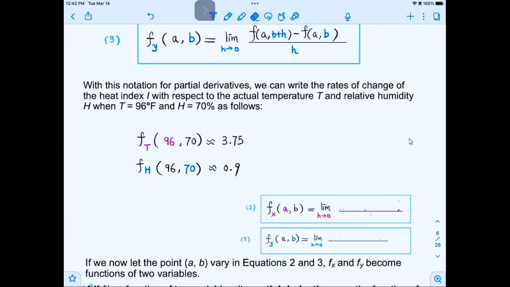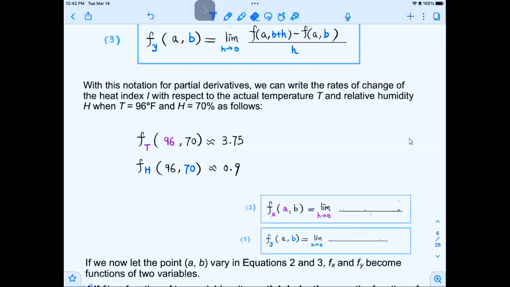We start with what we had before. It says that the partial derivative of the heat index with respect to the temperature at this point is going to be 3.75 for every 1 degree the actual temperature goes up.